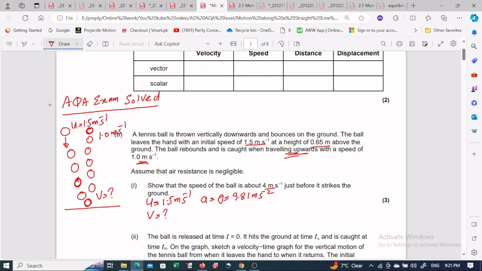So we apply the equation of motion, 2as is equal to v squared minus u squared.